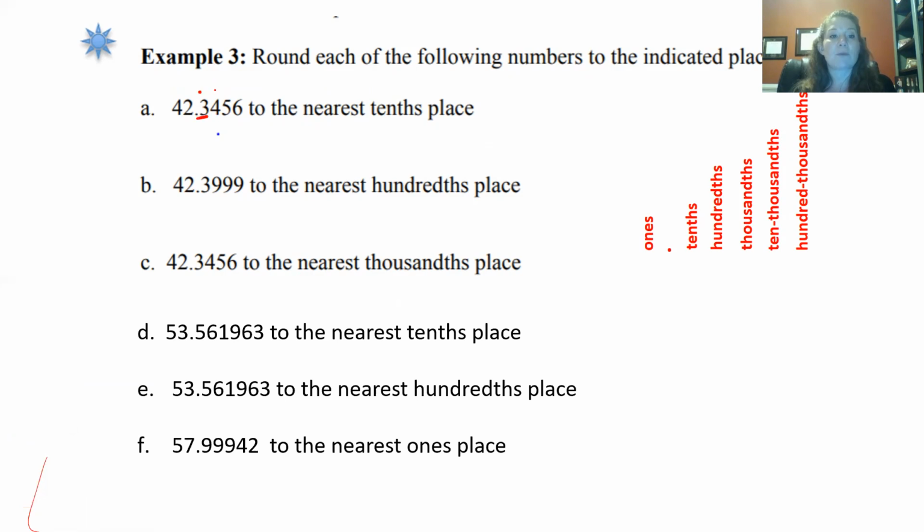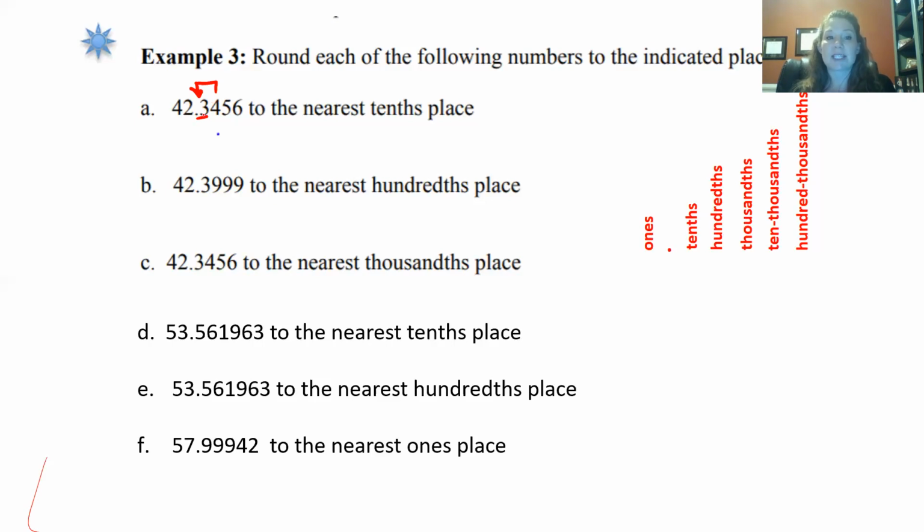Okay, so the rule is if you have a digit that is from 0 to 4, this number won't change. If the number to the right of whatever you're rounding is 5 through 9, then you round this digit up.